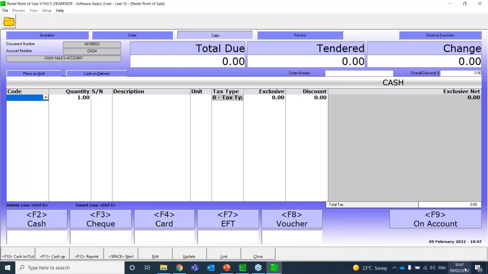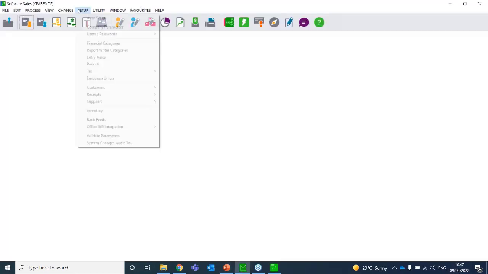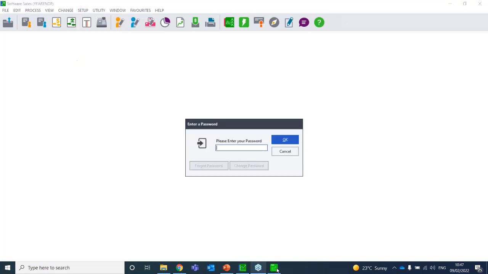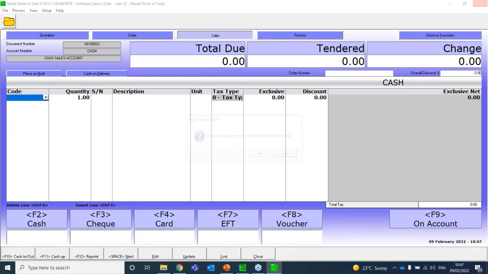periods. It's also why at times, if you don't run your year end, you will be told that the transaction date does not fall within the periods. What it means is your system date in Windows does not form part of your setup periods. Sorry guys, I'm going to have to close point of sale.